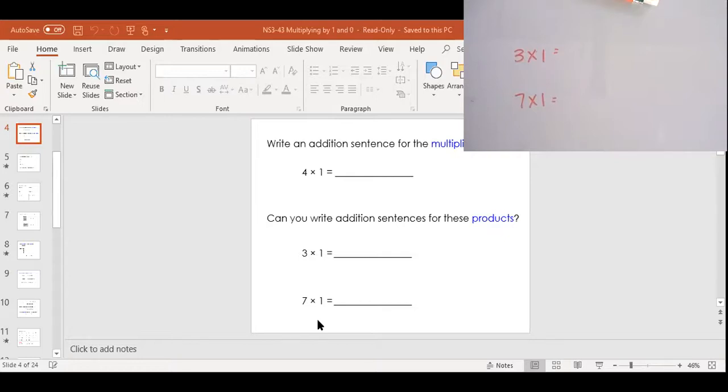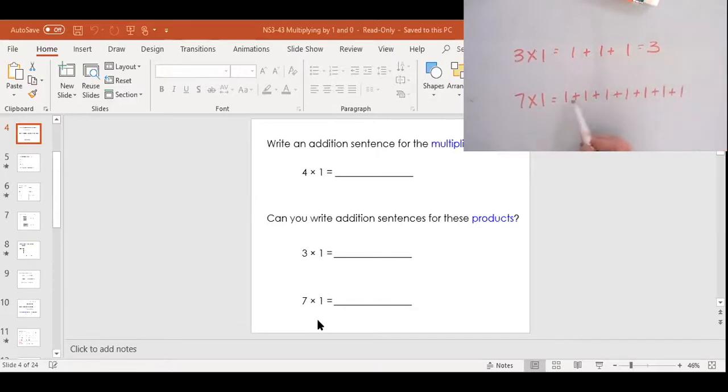Okay, good. You guys should have done your addition sentence out. So 3 groups of 1 would be 1 group of 1 plus 1 group of 1 plus 1 group of 1. 1, 2, 3, which equals 3. Here, 7 groups of 1: 1 plus 1 plus 1 plus 1 plus 1 plus 1 plus 1.